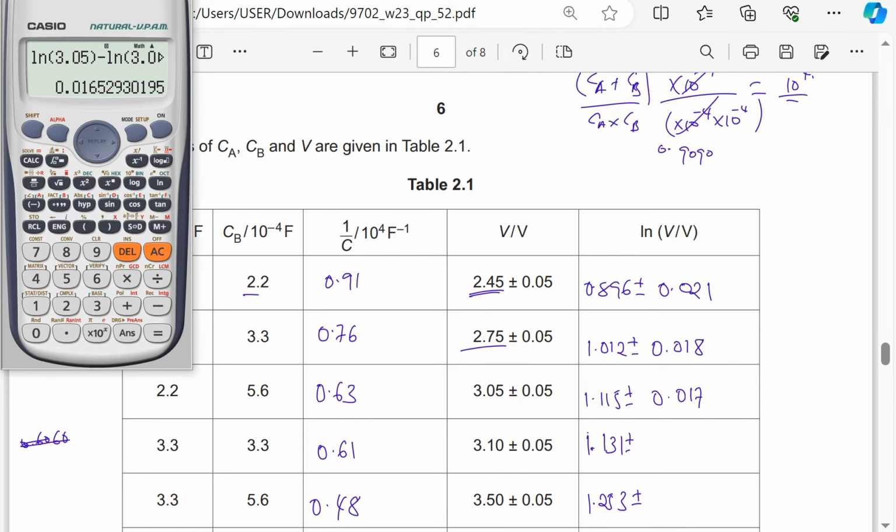The next one is ln of 3.10 minus ln of 3.10 minus 0.05. So that is 0.016.